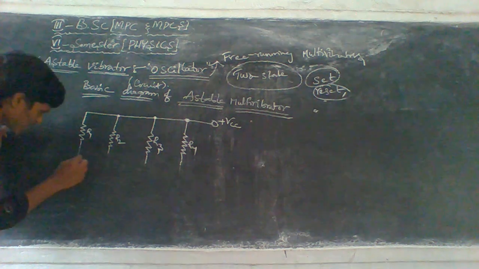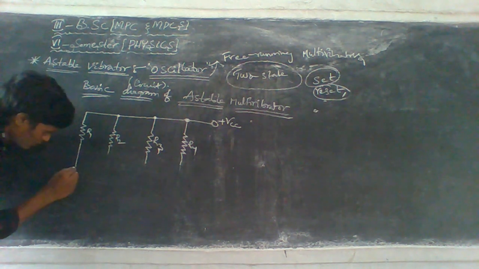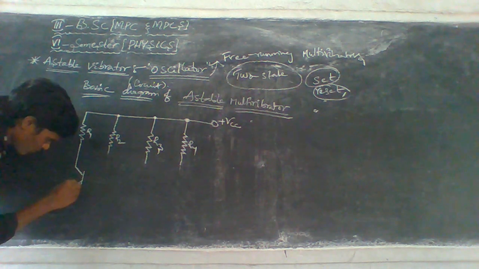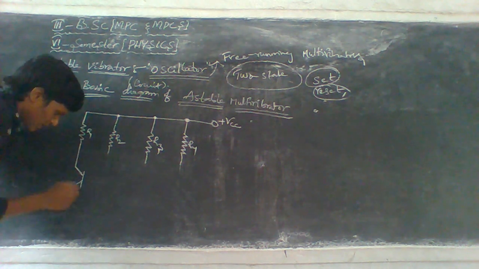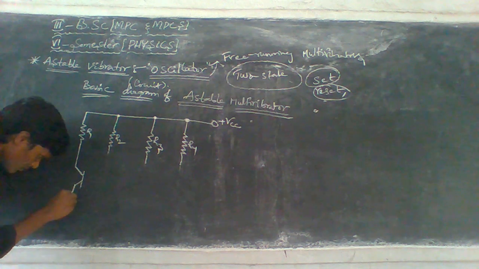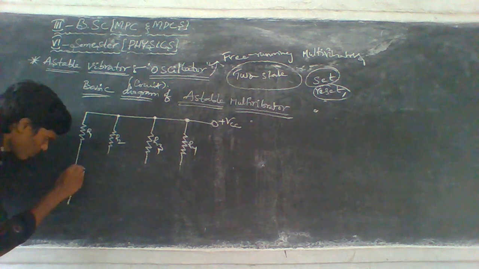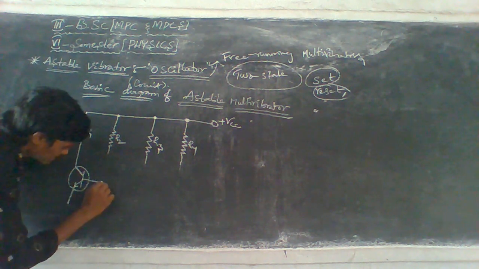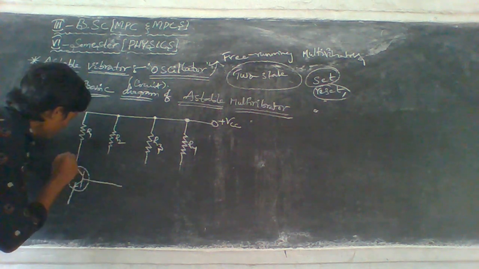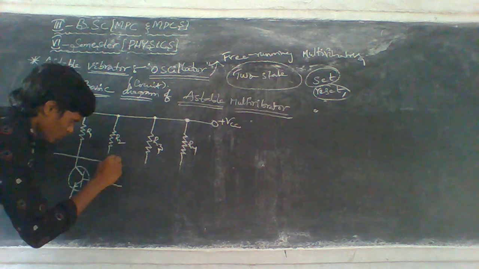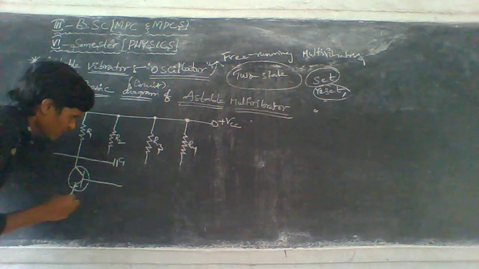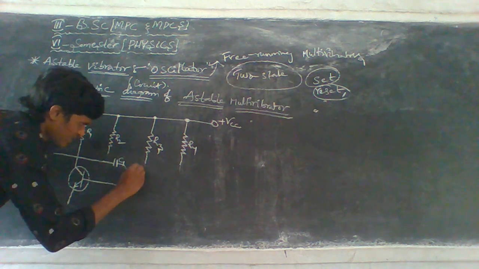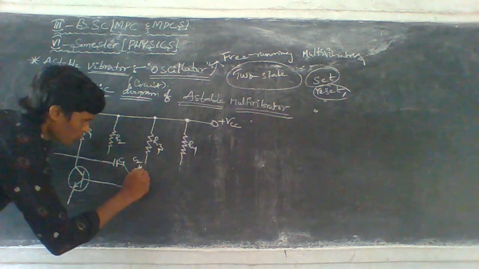Here R1 is connected to the collector of an NPN transistor, and the base is connected to the capacitors. This is capacitor 1 and this is capacitor 2.